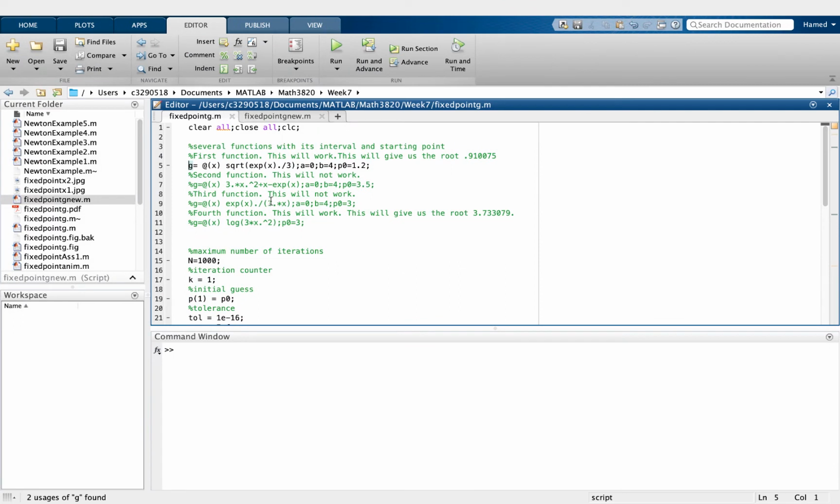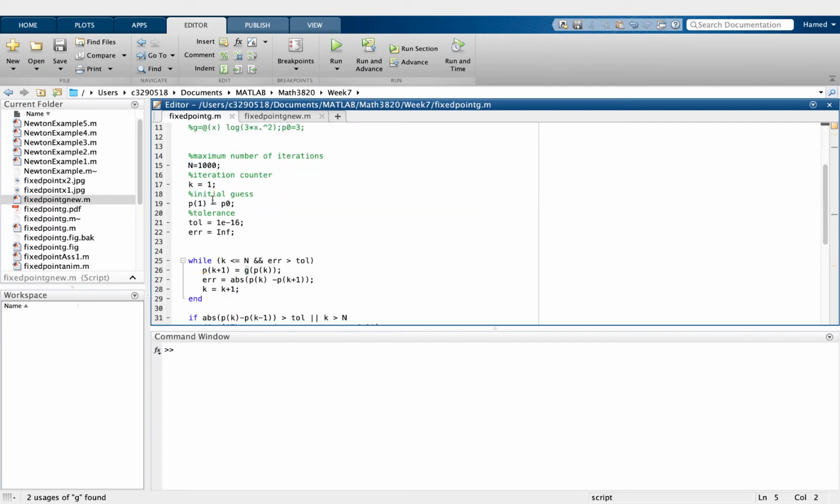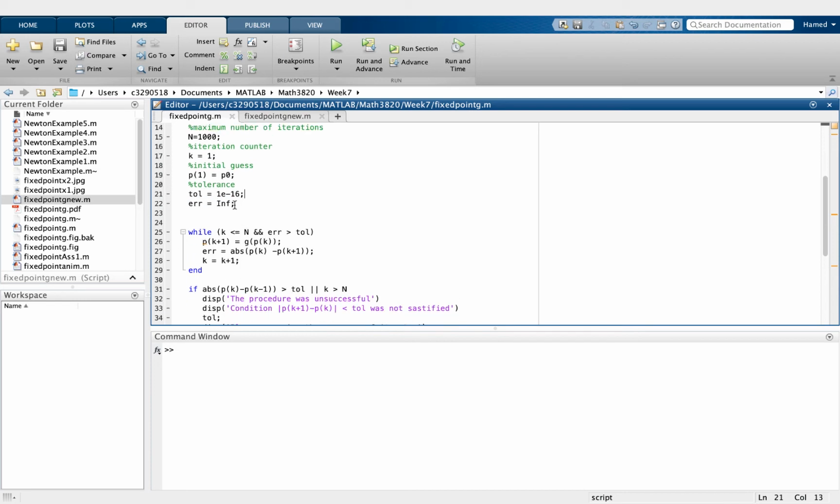Now let's have a look at the Matlab code here. g is defined by a function handle, n shows the maximum number of loops that we want to repeat, the initial point this time, p0, is 1.2, and the tolerance is 10 to the minus 16. The error initially is infinity.